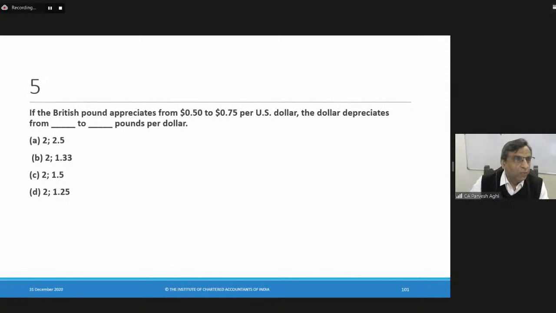So now the British pound appreciates from 0.5 to $0.75. Okay, the dollar depreciates from dash to dash pounds per dollar. So now let me know what should be the answer. Okay, Sumit, Chavi, everybody has given the right answer. If the British pound appreciates from half a dollar to $0.75, the dollar depreciates from dash to dash pounds.